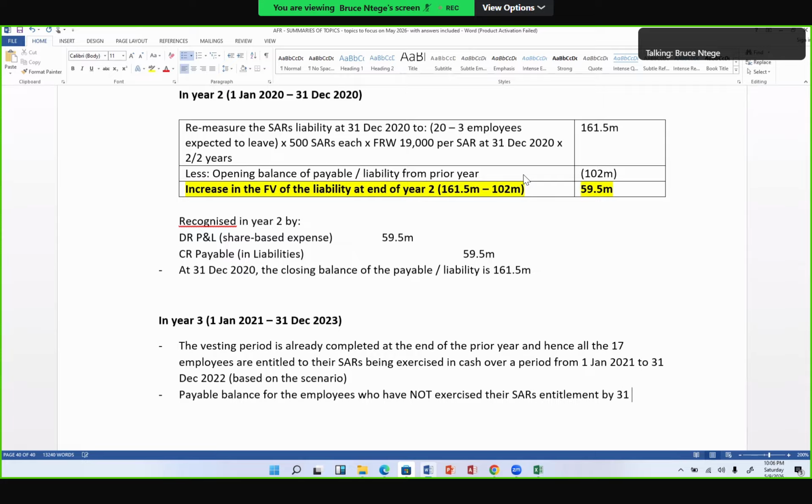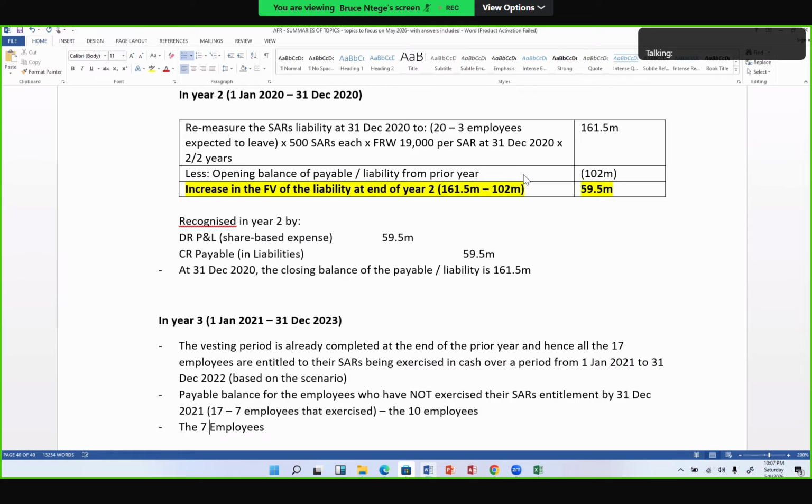Otherwise, there are those employees that have taken their money. These are 7. So we shall also have the 7 employees that have exercised their right and taken their cash, or exercised their share appreciation right and taken their cash.